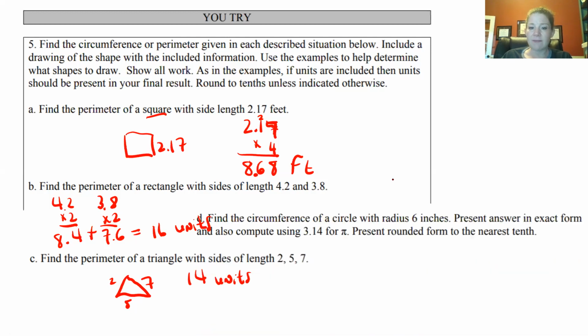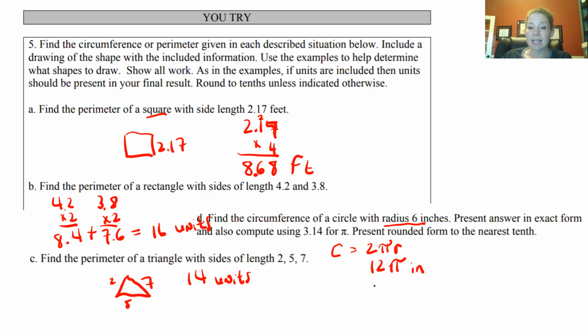All right, letter D, find the circumference of a circle with a radius of 6 inches. Present answer in exact form and also compute using 3.14 for pi. So for the circumference, this is the radius, so we're going to use 2 pi r. 2 times 6 is 12. So my first answer is going to be 12 pi inches.